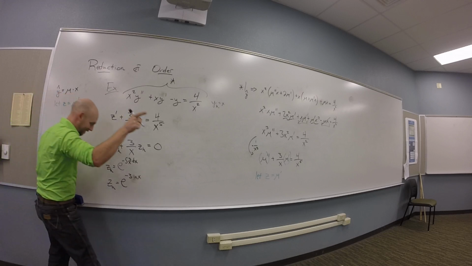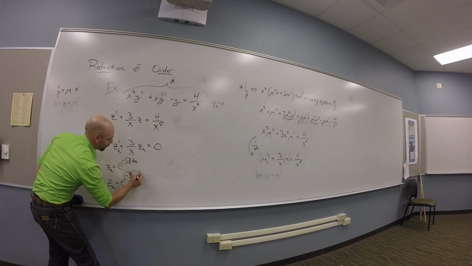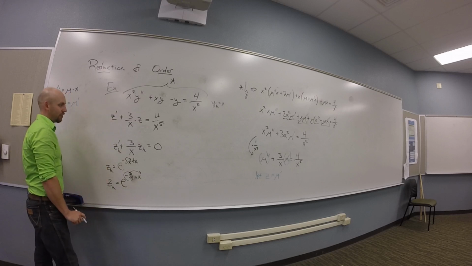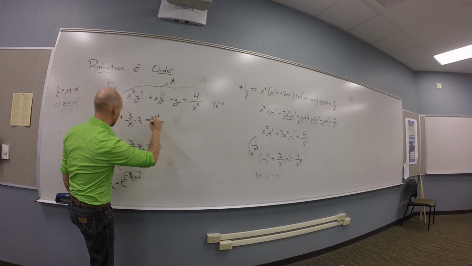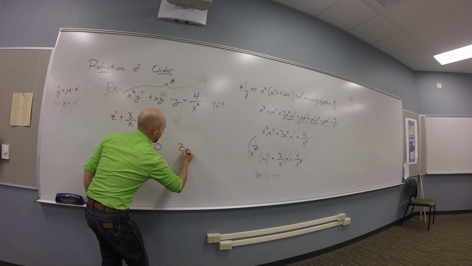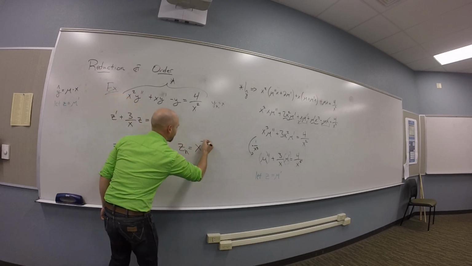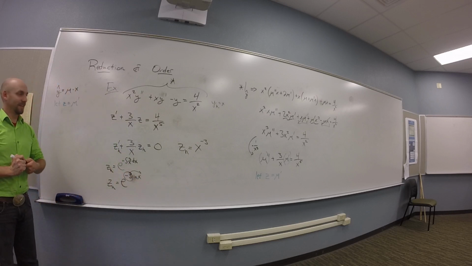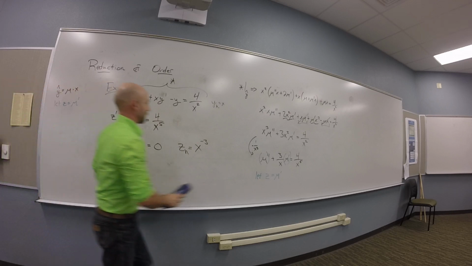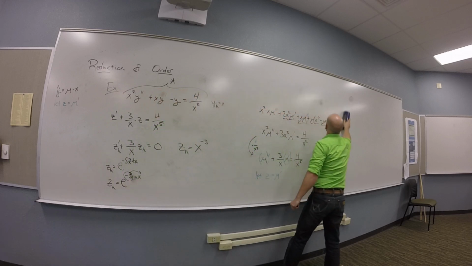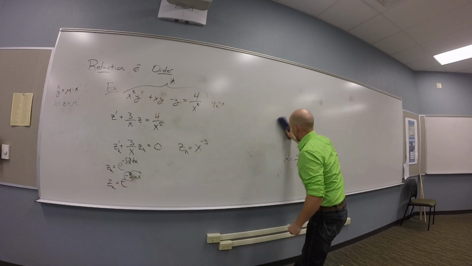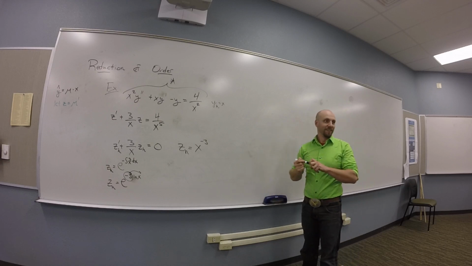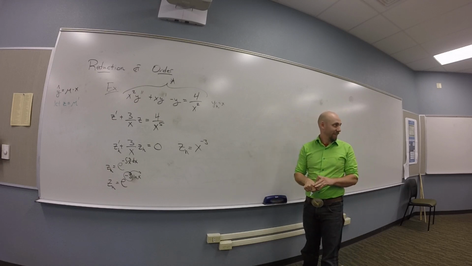You move the negative 3 inside the natural log, drag the negative 3 up, and then the log and the e cancel. So you get that your homogeneous solution is x to the minus 3. Okay?